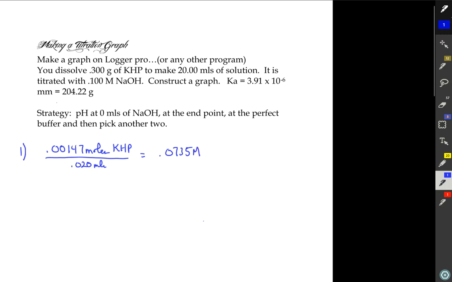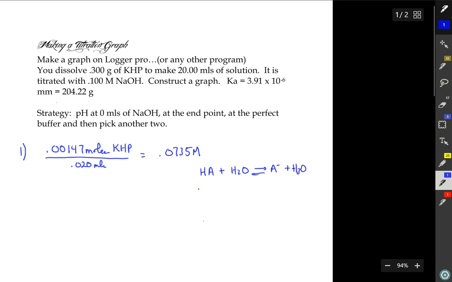In this exercise, instead of writing KHP all the time, I'm going to say HA, so I can figure out where that H is going. That's typical for any weak acid. This produces A minus and H3O plus.